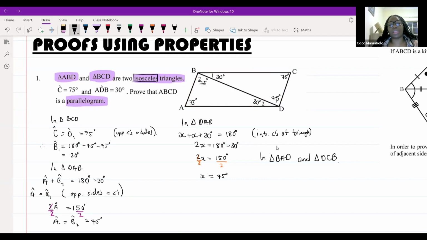Let me start us off with something really nice and easy. Angle B1 is equal to angle D2 is equal to 30 degrees. And luckily for us, we calculated it above, so we can say proved above. We did that. That's my first one, and my first one is an angle.